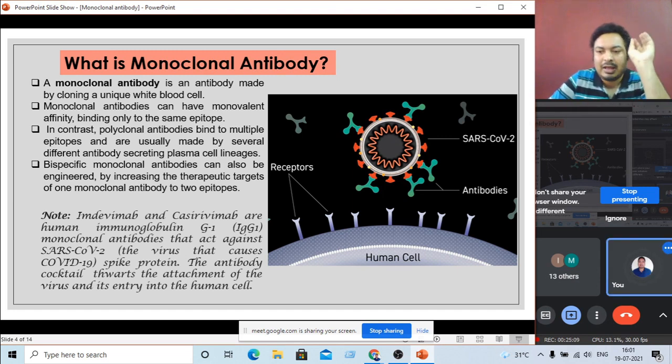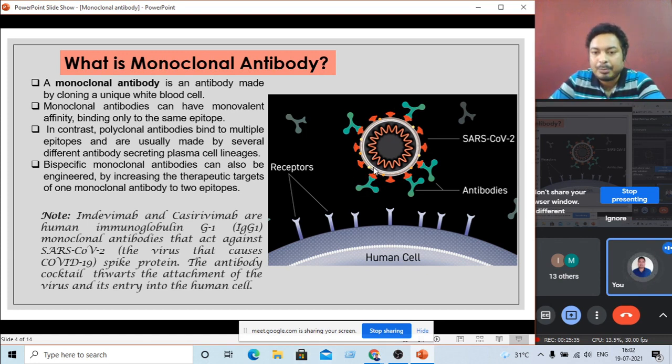Okay, now see. One question is: suppose this particular virus cannot be dangerous for the human body if it cannot enter the cell. If we can block the entry of this virus inside the cell, that means we can prevent ourselves from the severe disease. How can we prevent that?